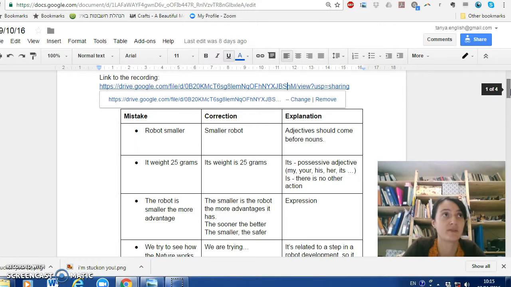There's always something positive, there are always some strong points that you can tell your students about, and then you pass to the mistakes. However, I don't like focusing on mistakes.